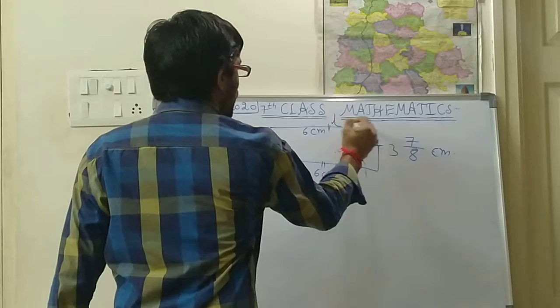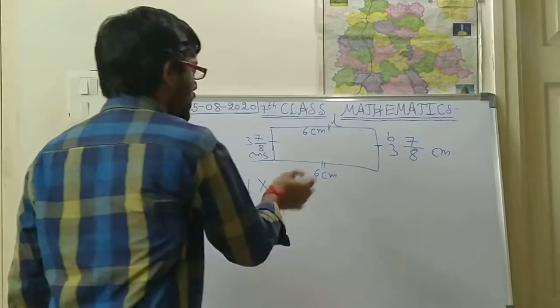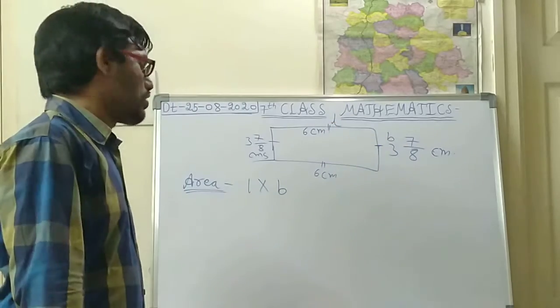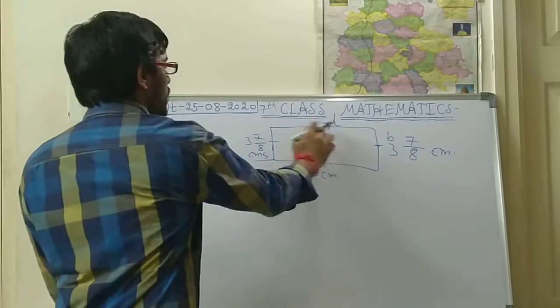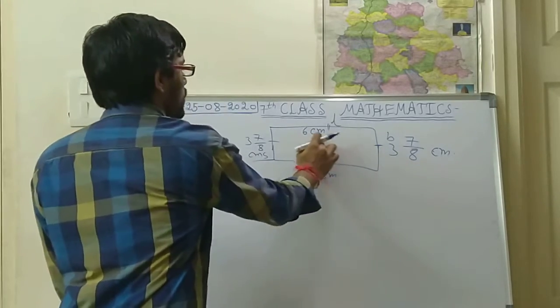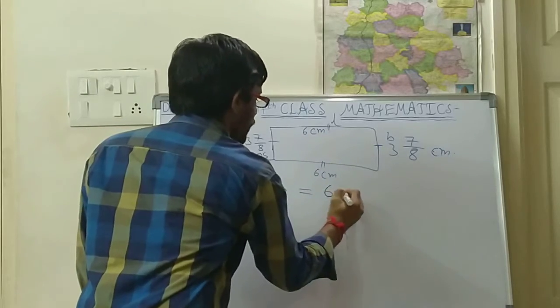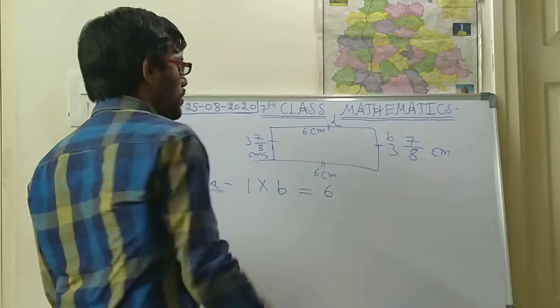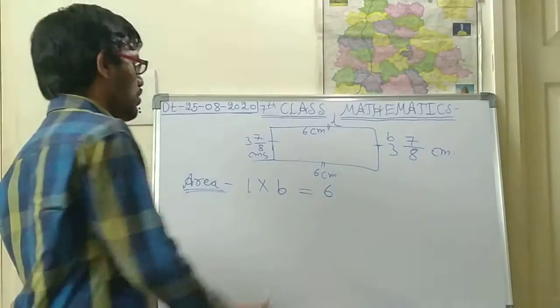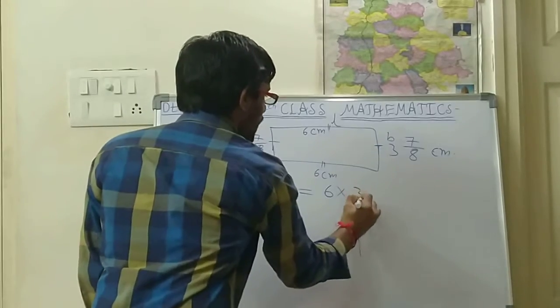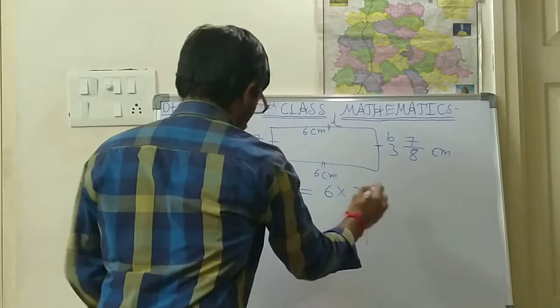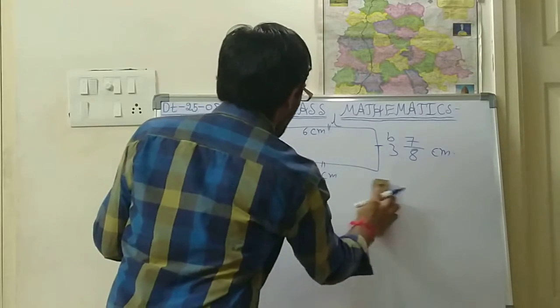What is length? Length means the longest distance, so 6 centimeters. All are centimeters, so no need to write centimeters. So 6 into the breadth, 3 7 by 8.